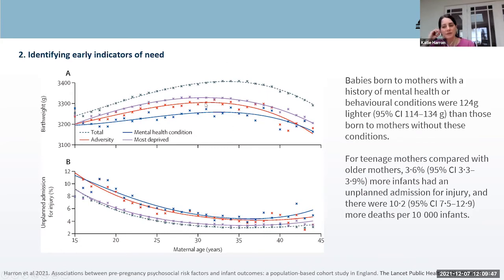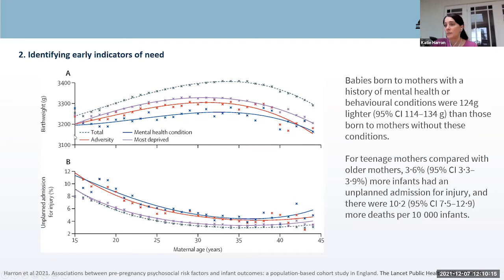But we can also see variation according to whether a mother had a history of mental health conditions in the 2 years prior to her pregnancy. Here, this is the blue line, which is the lowest birth rate babies and the infants with the highest rates of unplanned injury admissions. And also for mothers who had a previous hospital admission for adversity, which includes violence, self-harm, or drug and alcohol abuse.